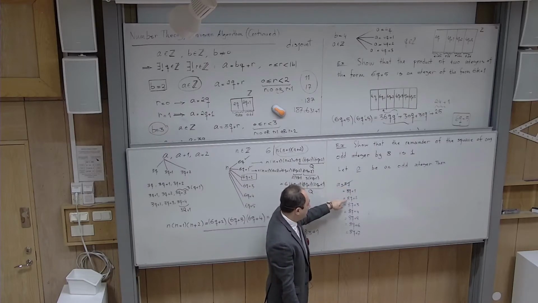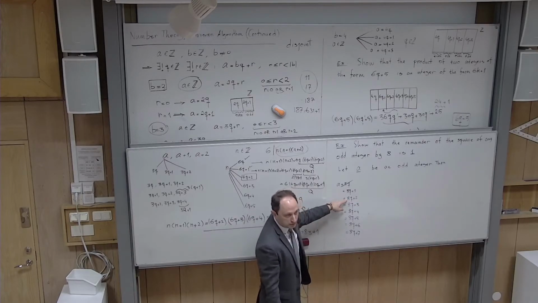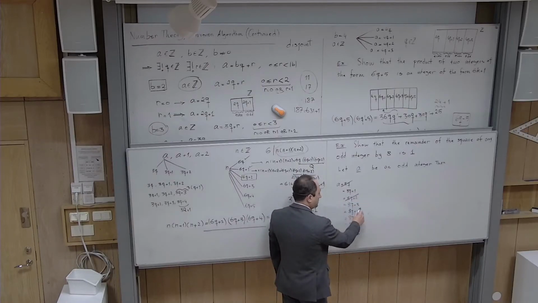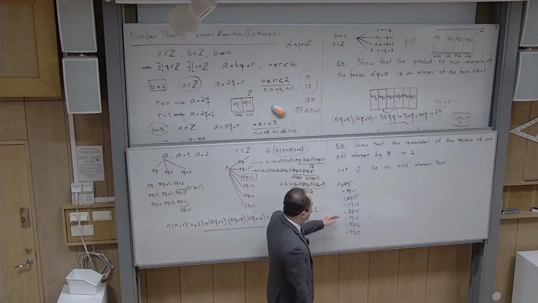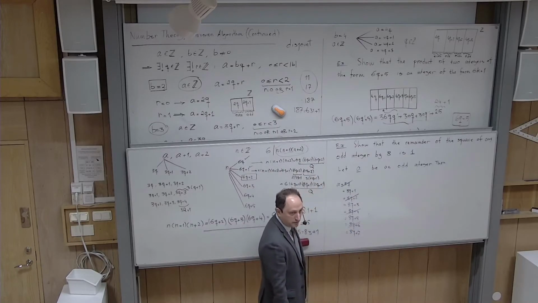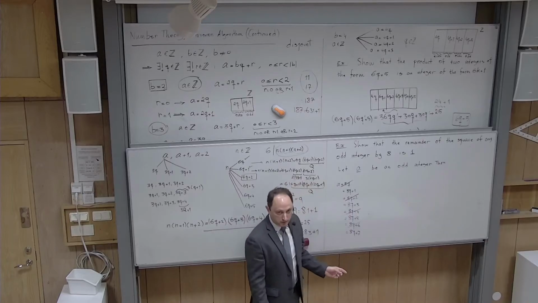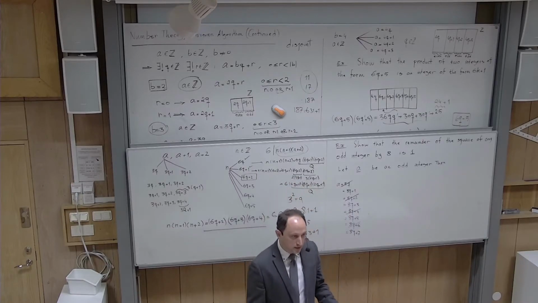It cannot belong to 8q plus 2, because 8q plus 2 is also an even number. So I have to cross this out. And then the same story for 8q plus 4, 8q plus 6. So this means that the situation is slightly better. So instead of considering 8 cases, I need to consider only 4 cases. Yes? Is that clear?